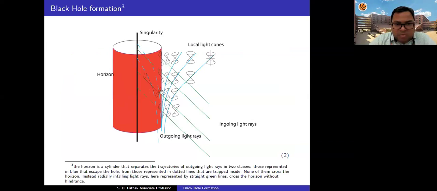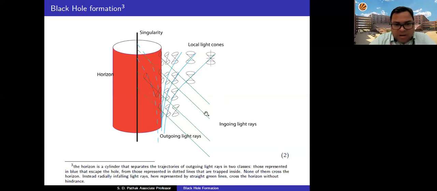So for any observer here, the worldline of the observer will not intersect the line of light coming out from this horizon; they will go parallel, so they will not meet. So this is the simple mechanism. Near the black hole, due to strong gravity, the light cone is tilted.